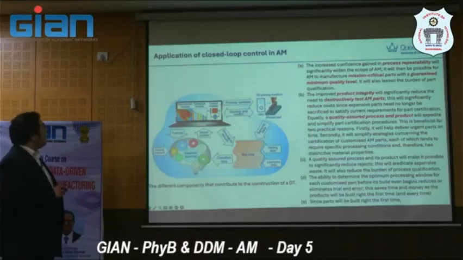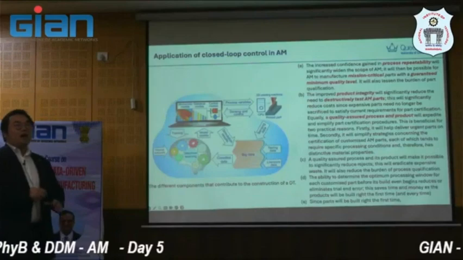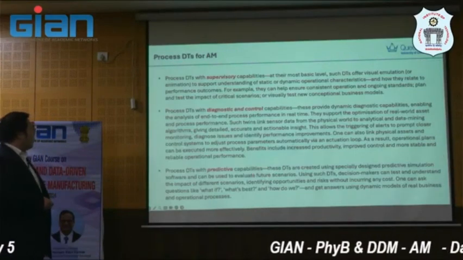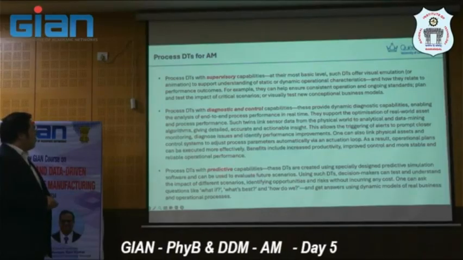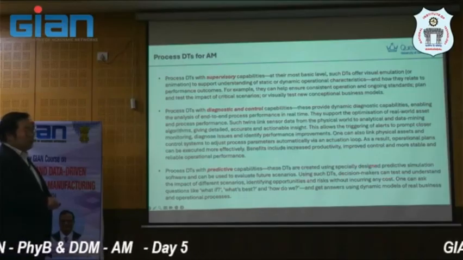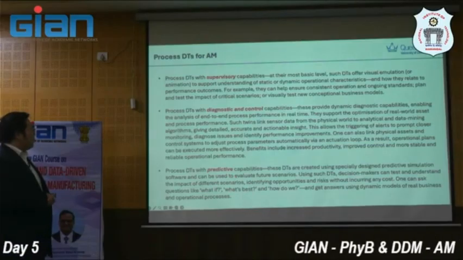The application of this in AM is starting to be used more and more now. So if we look back a little bit, we use predictive capability here to get a decision maker for testing and understanding the impact of scenarios.